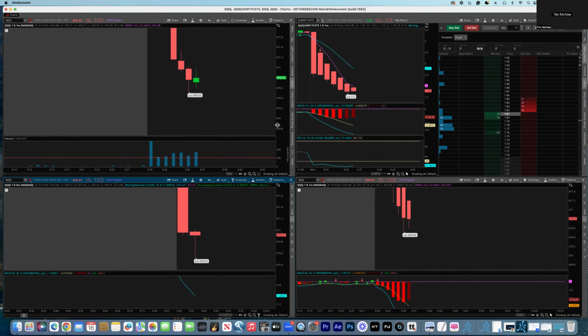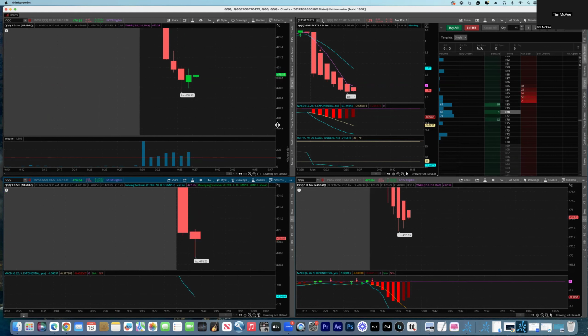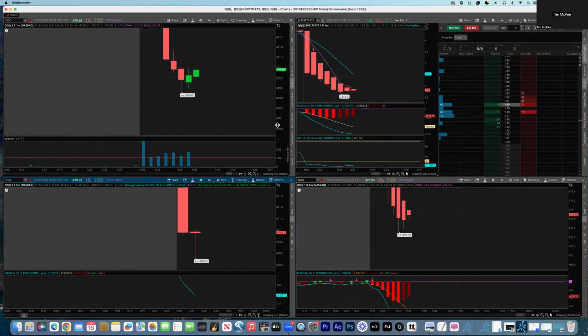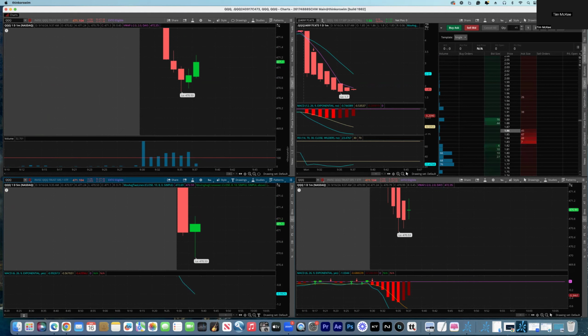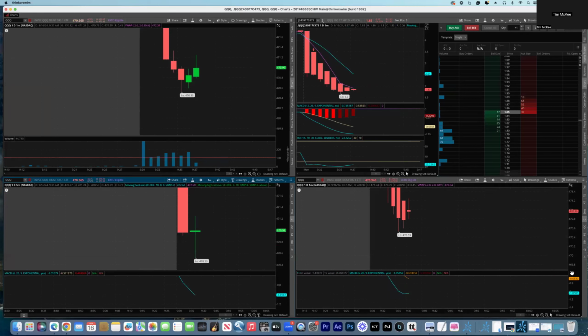A little bit of a reversal trying to set up here. So I'm going to immediately go back to the 471 on the call side. Getting a turnaround on our MACD, on our Heikin-Ashi MACD.